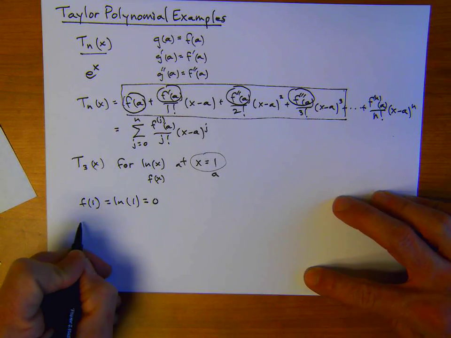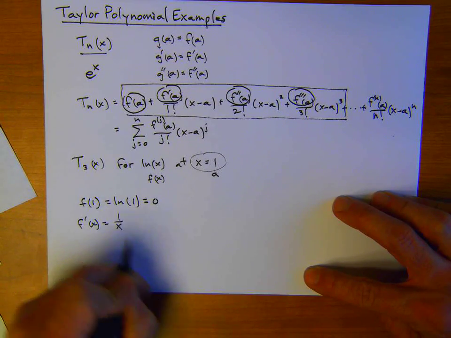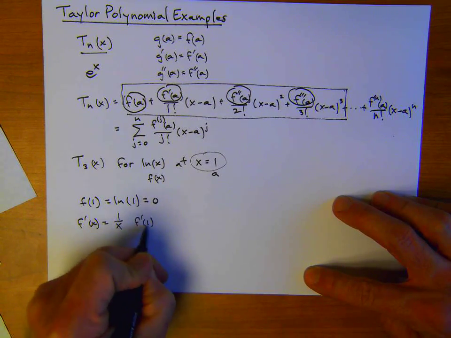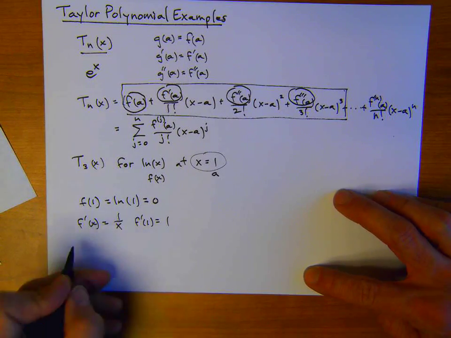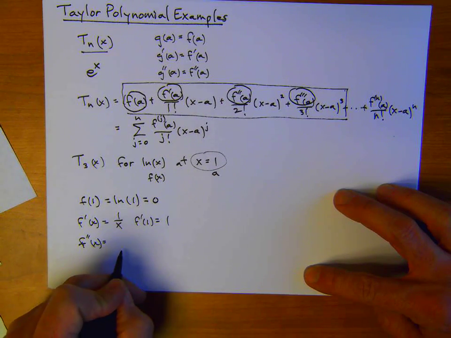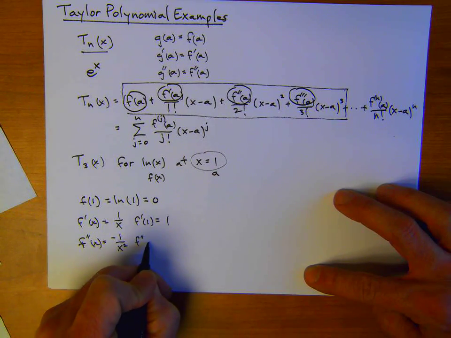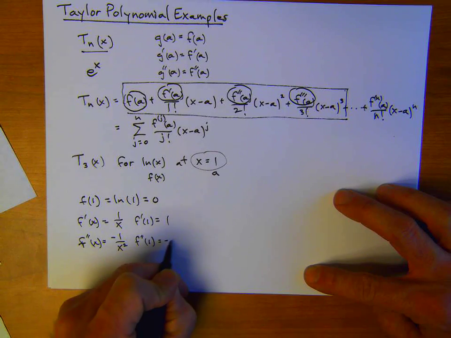Now the derivative of natural log is 1 over x, and f prime of 1 is just going to be 1, right? 1 over 1 is 1. The second derivative, if you think of this as x to the negative 1, you can do it that way, but you should get negative 1 over x squared. So the second derivative evaluated at 1 is going to be negative 1.